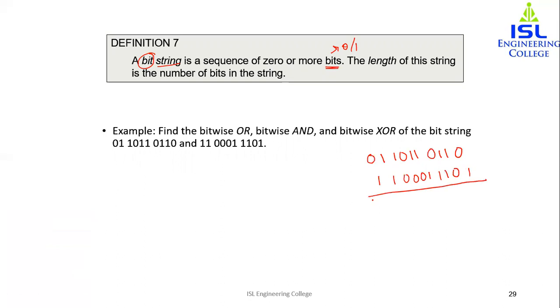Now for bitwise OR, we are doing OR, so whenever both of them are false, then only false.